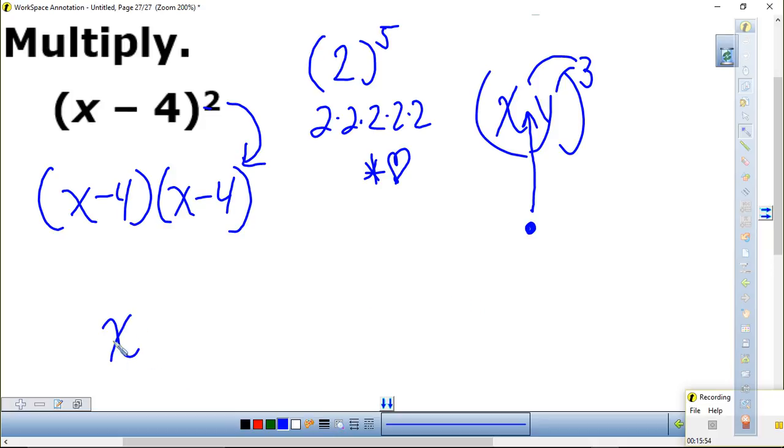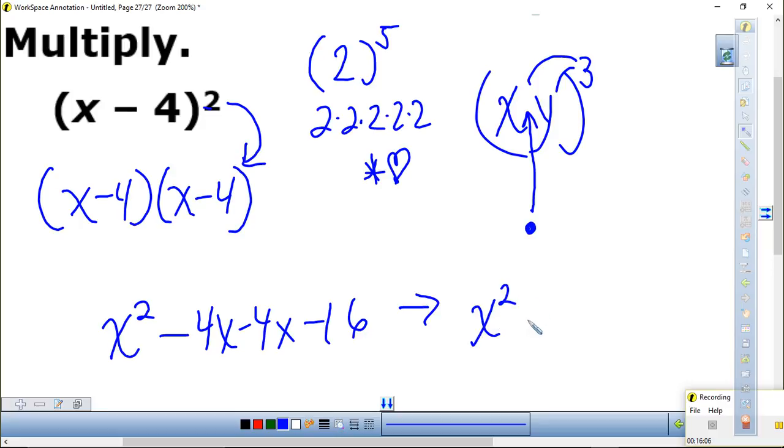X to the power of 2 minus 4x minus 4x minus 16, and that will equal x to the power of 2 minus 8x minus 16. That is correct. Oh, actually, the only one that is not correct, what do you notice? What is negative times a negative? Positive 16 at the end.